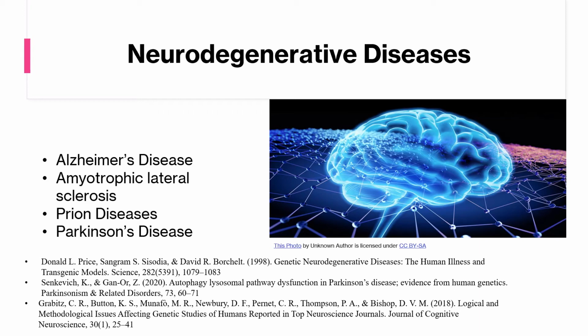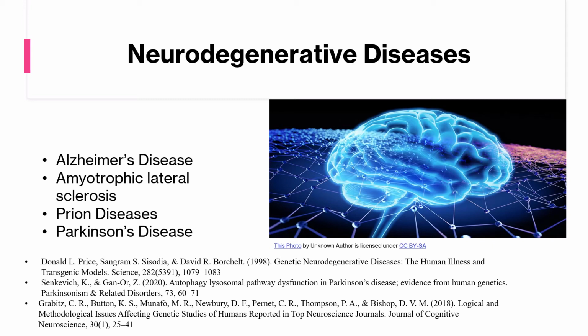But we all recognize that these are not the only diseases that are considered to be affected by human genetics. There are several neurodegenerative diseases that are affected by human genetics.